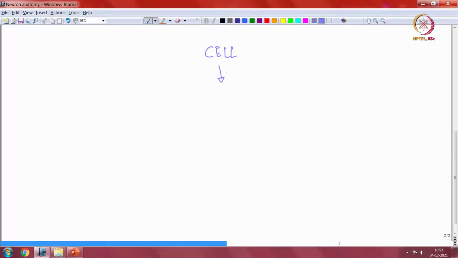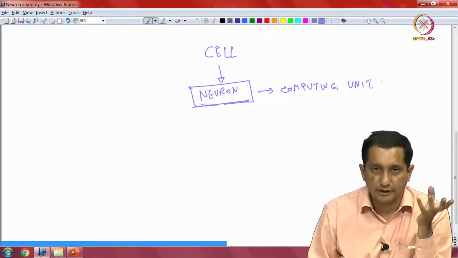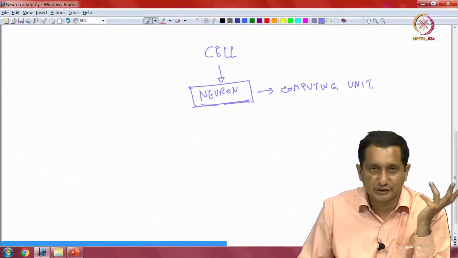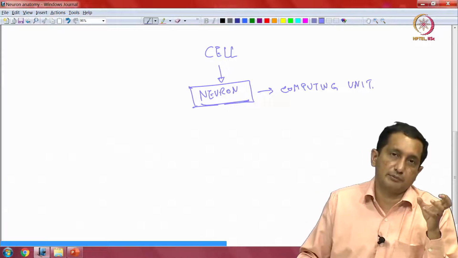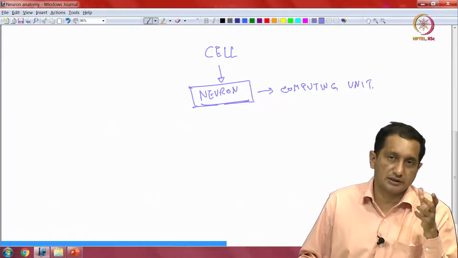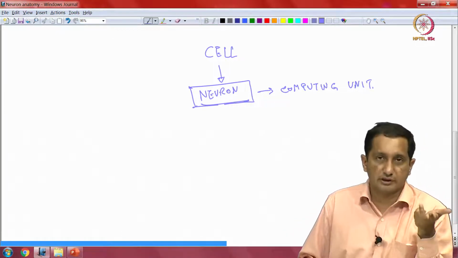Now, why do we discuss the cell? Because a neuron, which is the fundamental cell of the nervous system, is a computing unit in itself. How it compares to ANNs and CNNs, I think we'll understand during the course of the study, but for the purpose of introduction, a neuron is the fundamental computing unit of the nervous system.